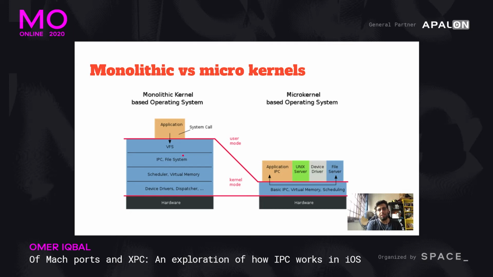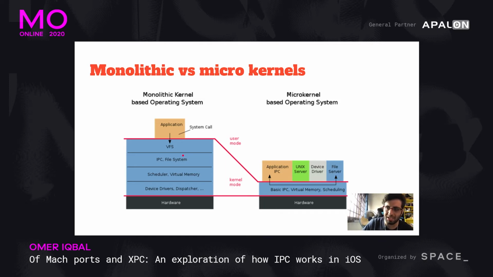So that's in contrast to a microkernel based architecture, where the idea is that instead of the kernel taking up so much responsibility, we can split the responsibility up into several key components. Let's say you can have a device driver component which is running at the same level as any other application process.